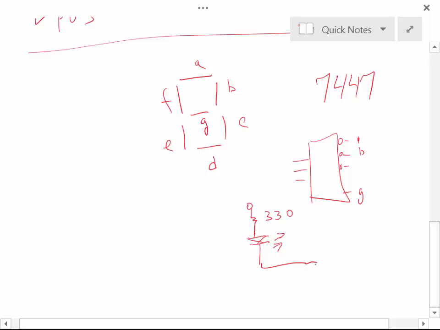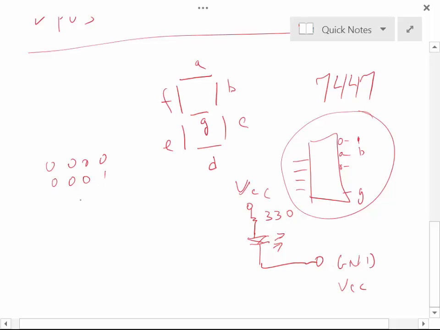So this supplies VCC, and this supplies either a ground to light the LED or VCC, a high, to turn the LED off. It's a very simple device, and it receives the number 000, 001, all the way up to 111.